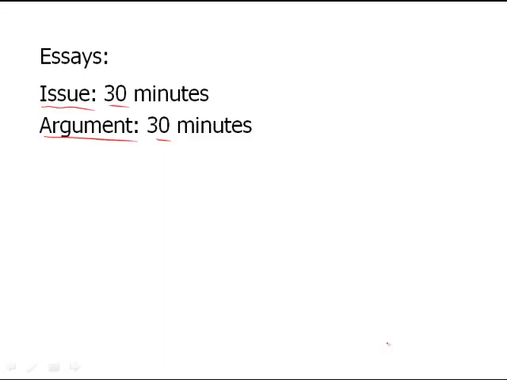But if you're really tempted, you can navigate on the lessons page down to the essay section, the AWA section, and click on the video entitled Issue, and you can learn more about the issue, and also about the argument. But for now, remember that there are 2 essays, issue and argument, and you get 30 minutes for each essay. So basically, you'll be writing for 1 hour.